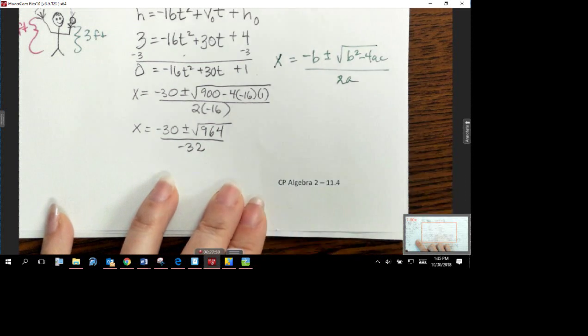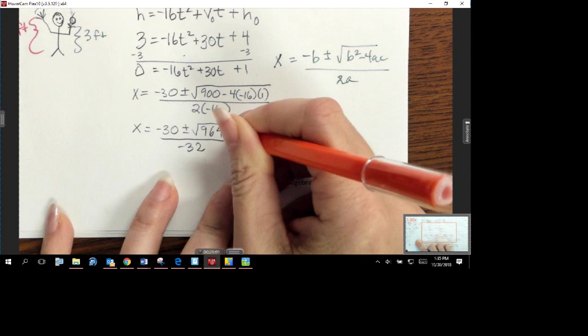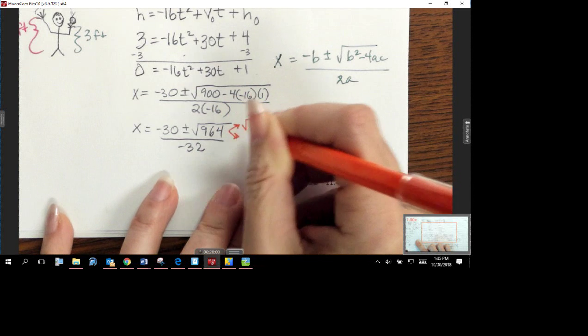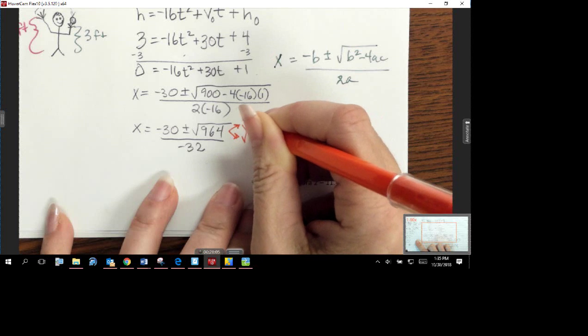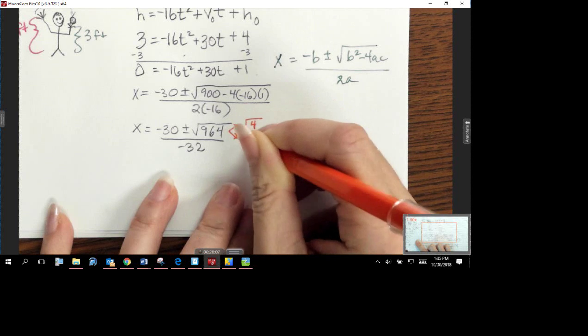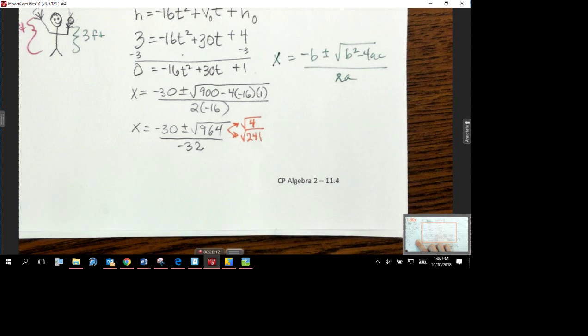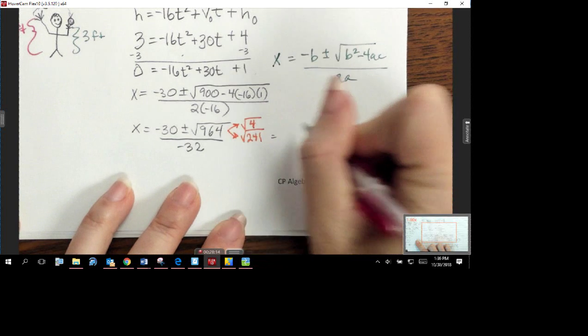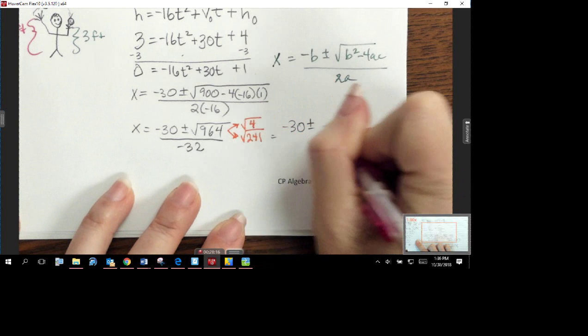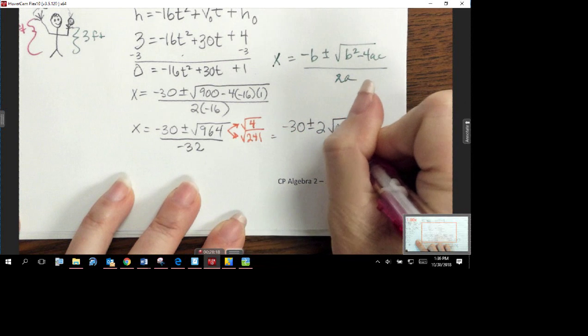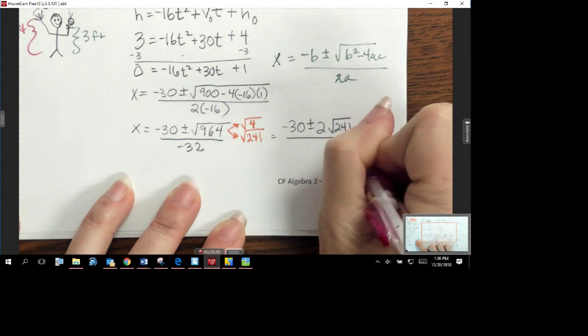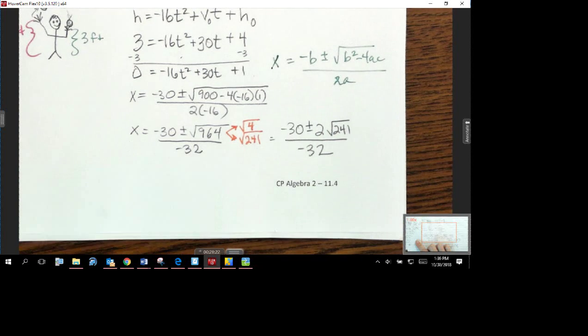I think it's just 4. 4 goes in it 241 times. So we're going to rewrite this as negative 30 plus or minus 2 square root 241, all over negative 32.